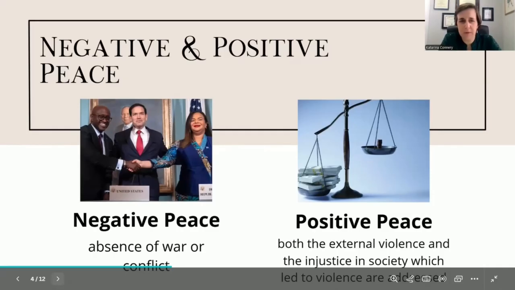Another example of negative peace is the Second Sudanese War, which was from 1983 to 2005, about 22 years. The estimates are about 2 million people were killed, including many civilians.